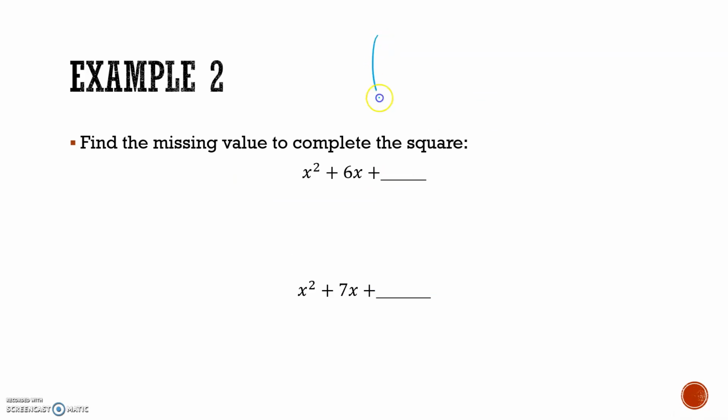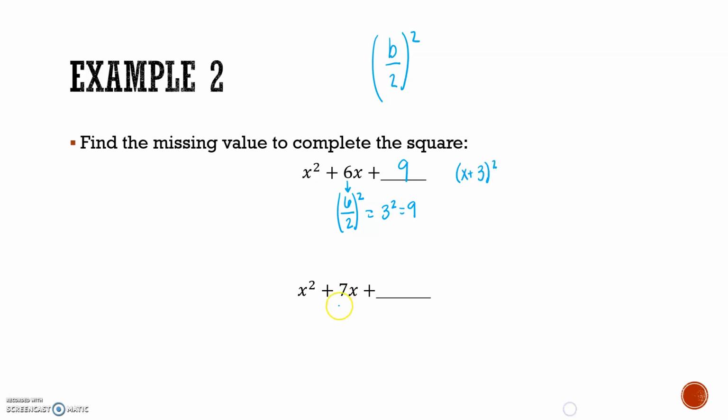The key was this, b over 2 squared. I'm going to take my b term, divide by 2, and square it. So 6 divided by 2 is 3, and 3 squared is 9. That means that I would put this here. If I wanted to take it a step further, I could factor that to look like this.